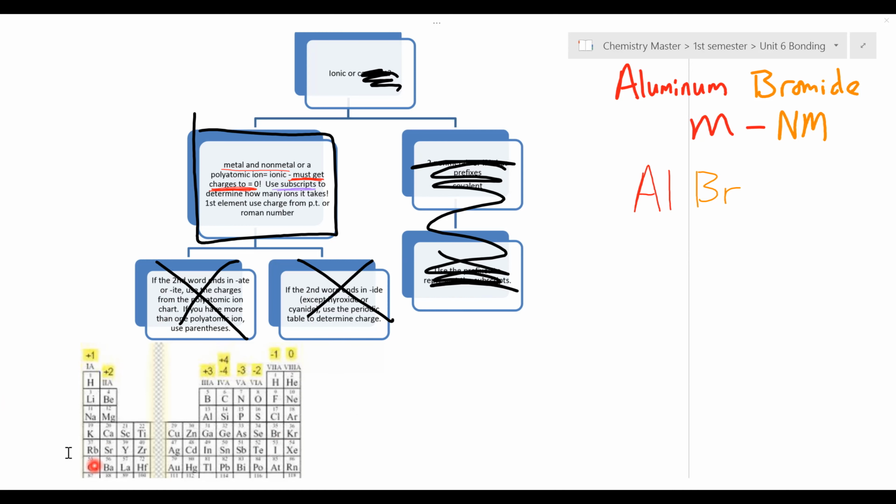Anthony, can you find aluminum and tell me what the charge for aluminum is? And then Louise, can you find bromine and tell me what the charge is for bromine? Can you find aluminum down here, and tell me what the yellow number is for aluminum?